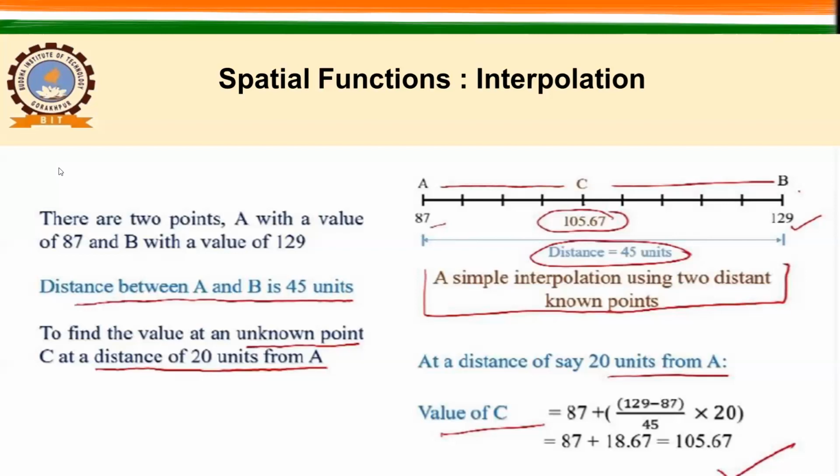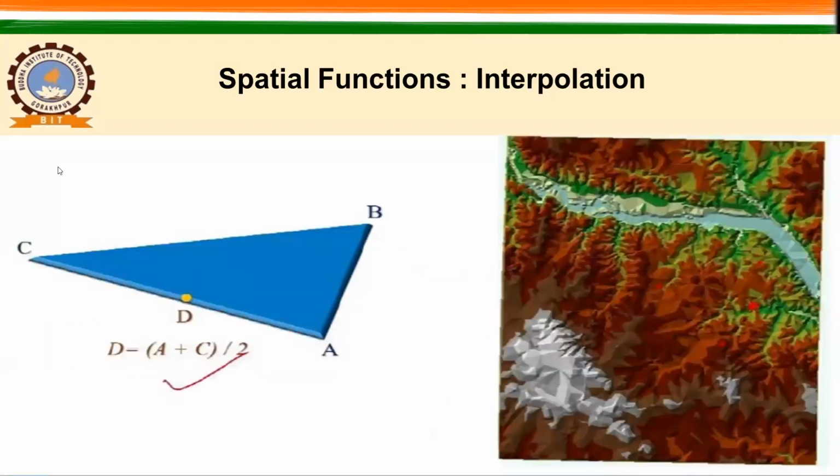Now, here is another example. Just see the example. So this is the image. Let us say you have only one value here, one value here, and one value here, and you want to calculate for this particular location. How will you do this?